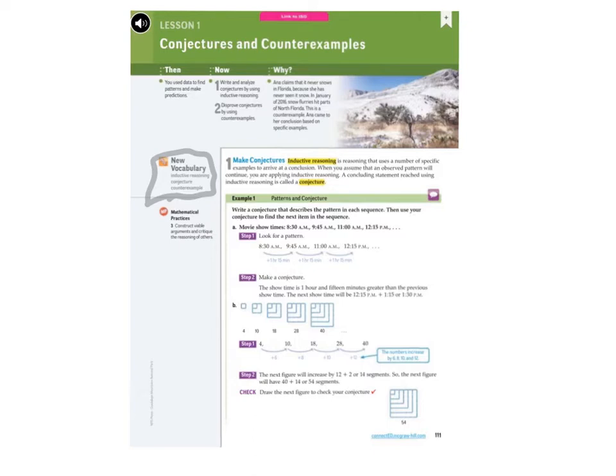In this case, you're adding 1 hour and 15 minutes to the previous, so 8:30 plus 1 hour and 15 takes you to 9:45, etc. Make sure that pattern goes all the way through, and then finally you come to 12:15, and what you're after is the next one after 12:15, so that will be 1:30 p.m. So that's using time.